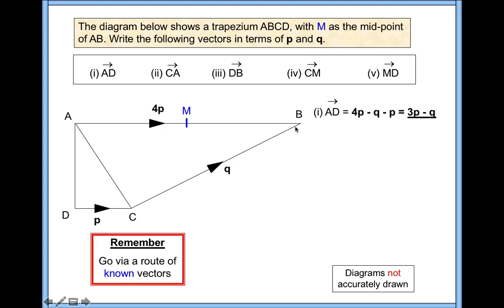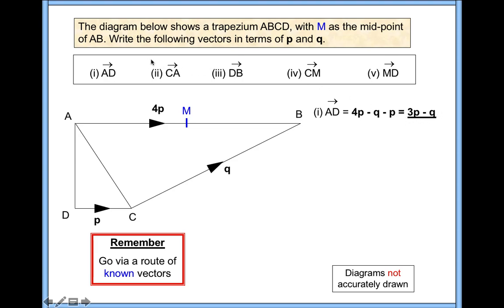Because vector BC is in the opposite direction to vector CB. So if vector CB is Q, vector BC is negative Q. And vector CD is negative P. So 4P minus P gives 3P minus Q.